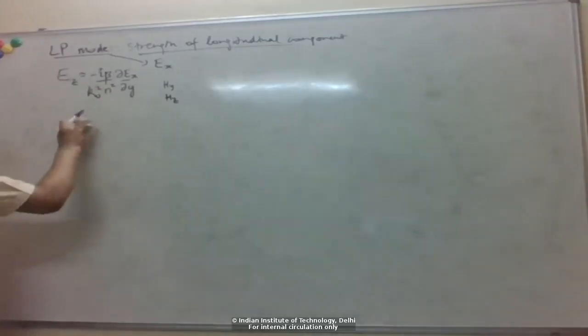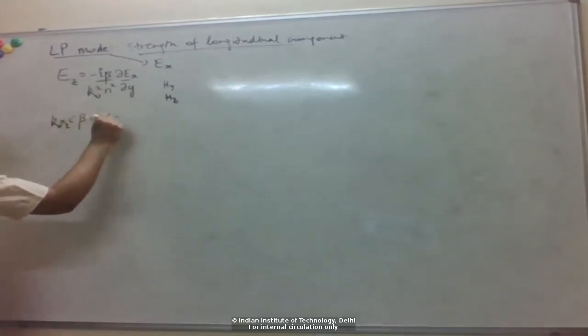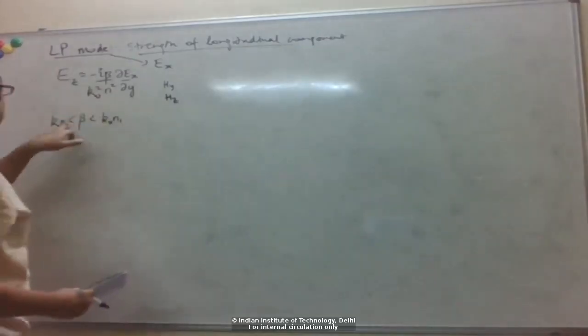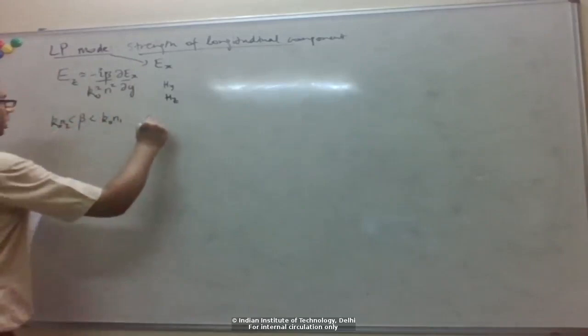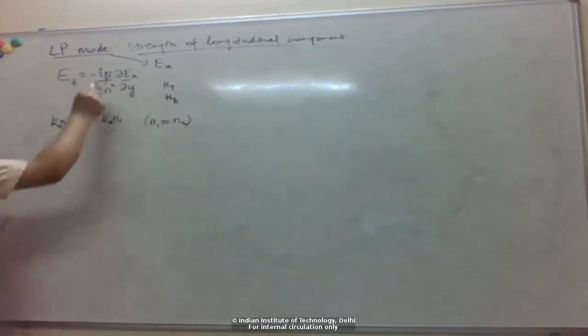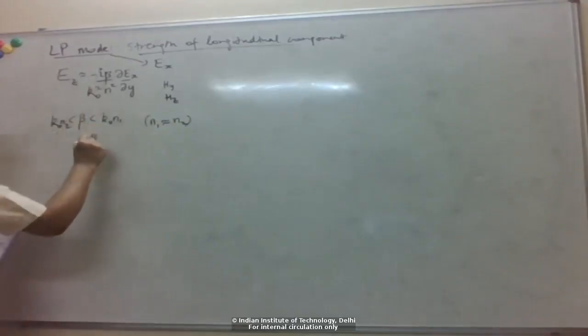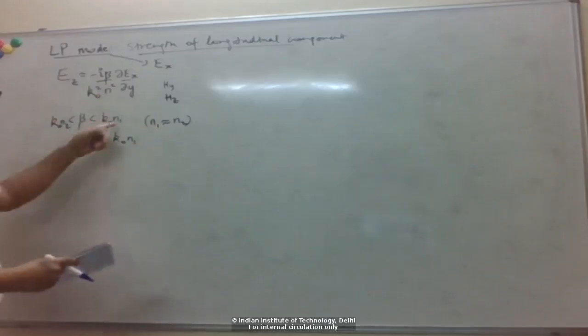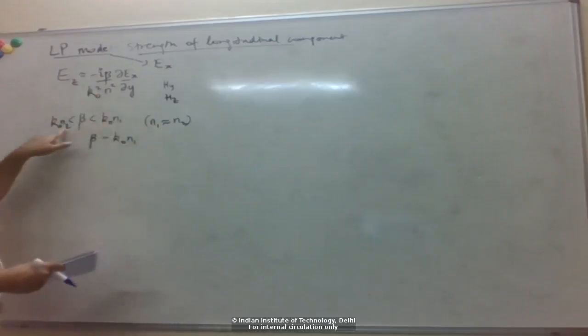Now again, beta lies between k0 n2 and k0 n1. If n1 is very close to n2, if the index contrast is small, then without losing much accuracy we can just say, for example, this is k0 n1. Let's say this is 1.5 and this is 1.49.